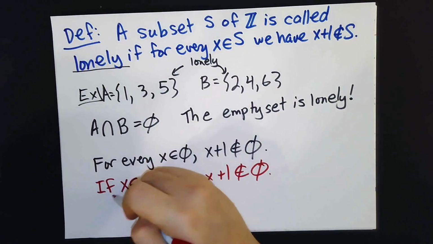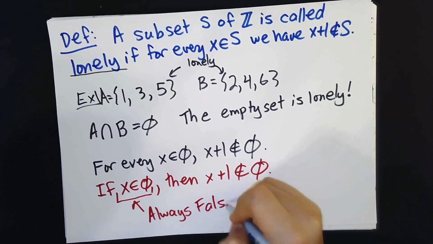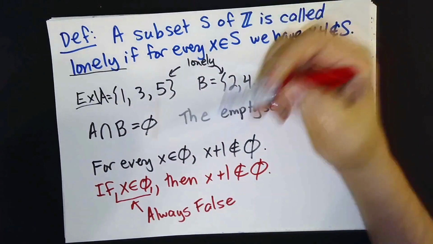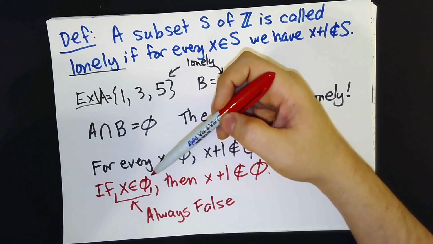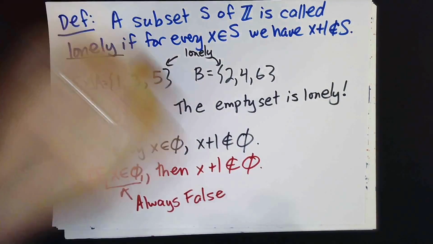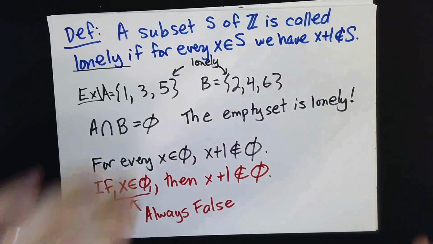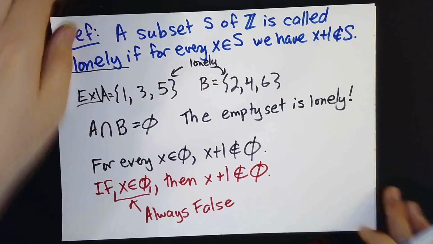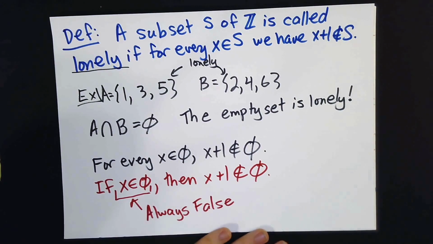And this, the if part, is always false, right? The empty set has no elements. So the claim x is an element of the empty set is always false. And I want you to remember that one thing that's true about implications is an implication is true as long as the hypothesis is false. Whenever the hypothesis is false, the implication's true.